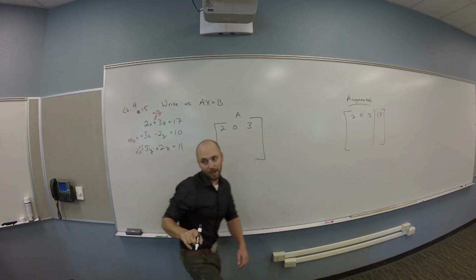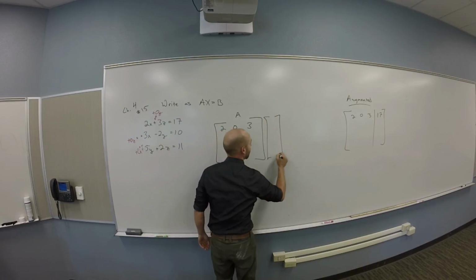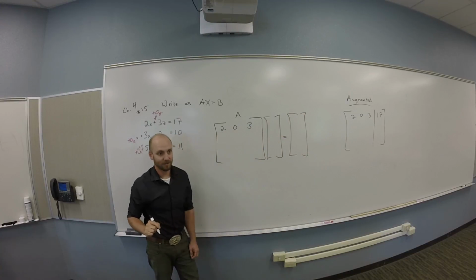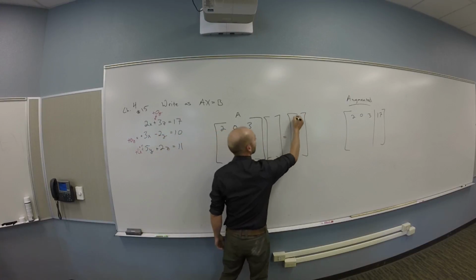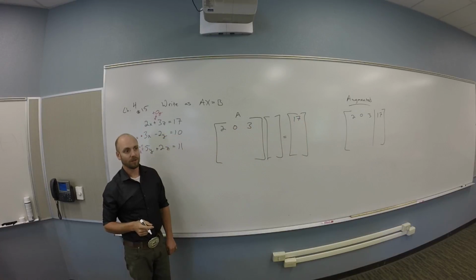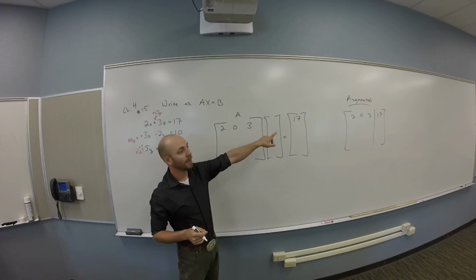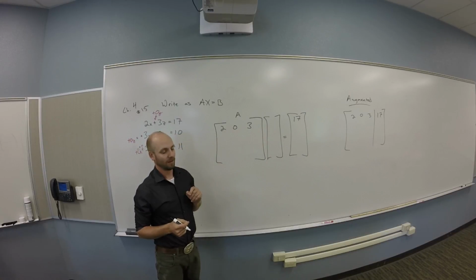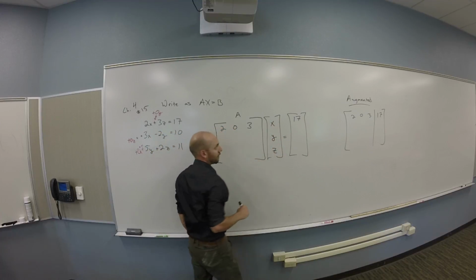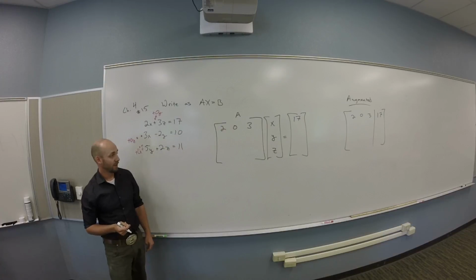They asked me to write as Ax equals b, so I'm going to write it this way. And where's the 17 go in this business? The top on the right of the equal sign. Yeah, that's the output, right? What did I multiply 2, 0, 3 by to get 17? x, y, and z. Perfect. What's your second row read then?